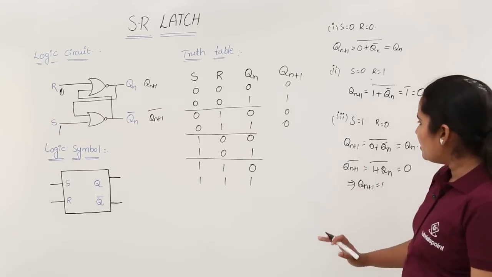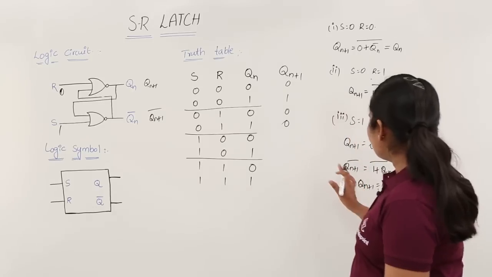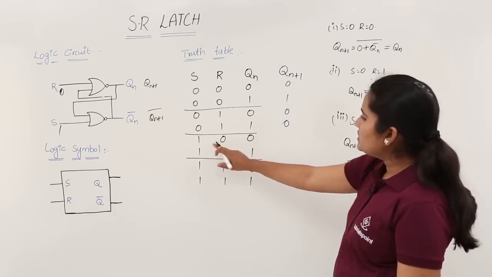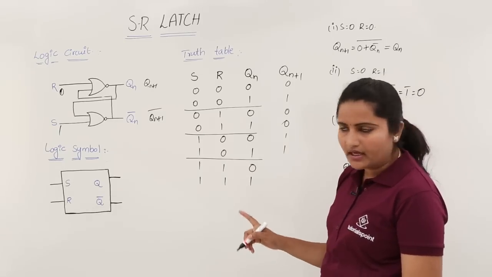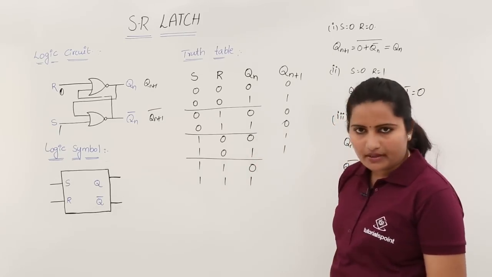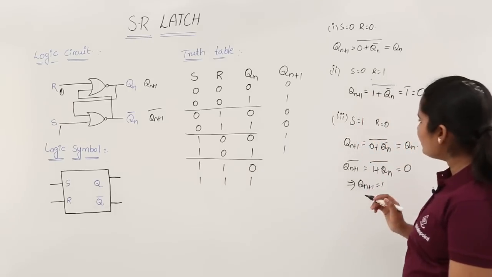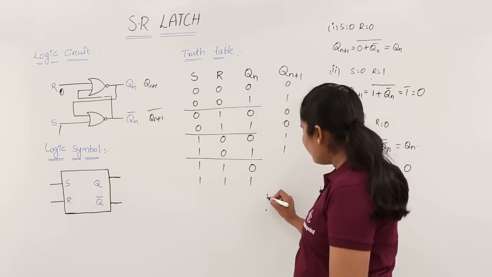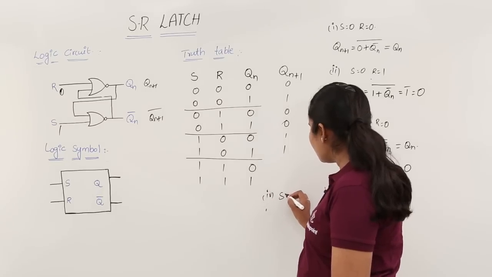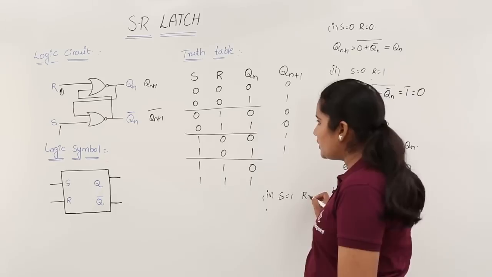So now we are going for this third case. In the third case, in the 1 0 case, you are getting Qn plus 1 equivalent to 1 without knowing this Qn. Now the final case, your fourth case, is equivalent to S equal to 1 and R equal to 1.